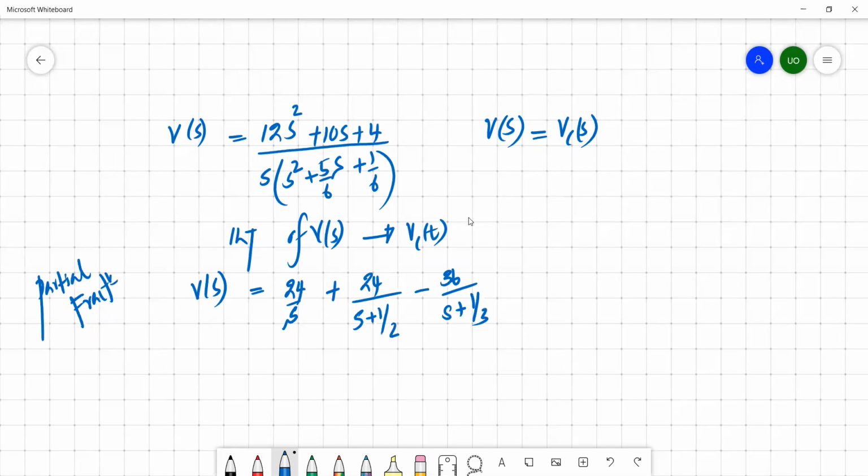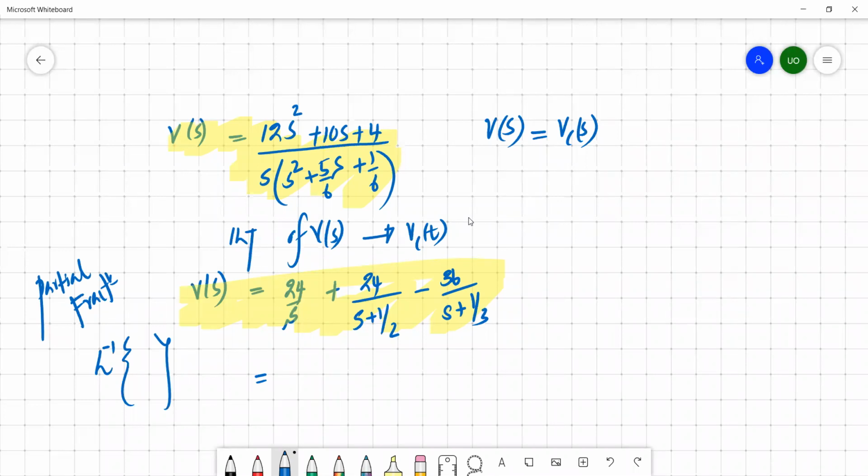If you do the partial fraction for this ratio, it would be something like that. Then you can just take the inverse Laplace transform.